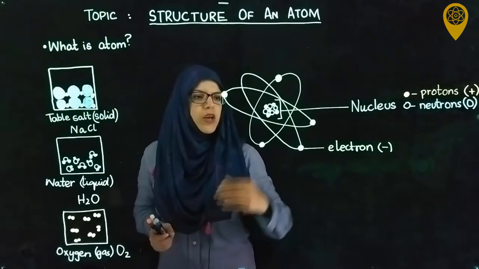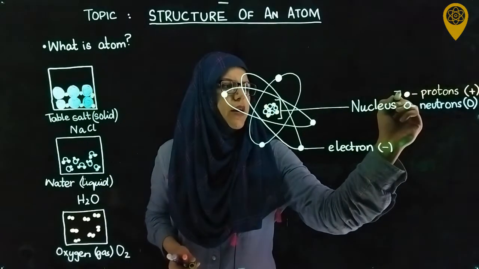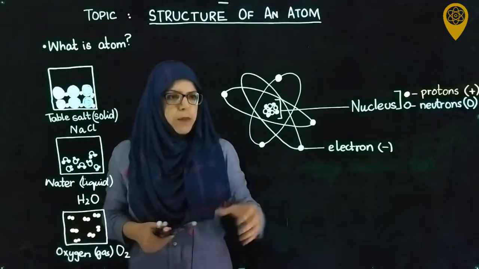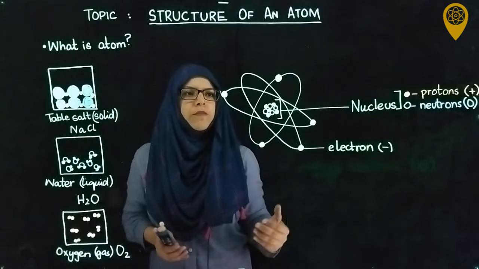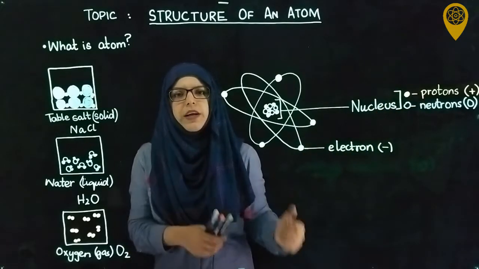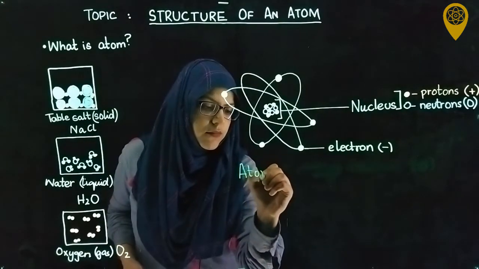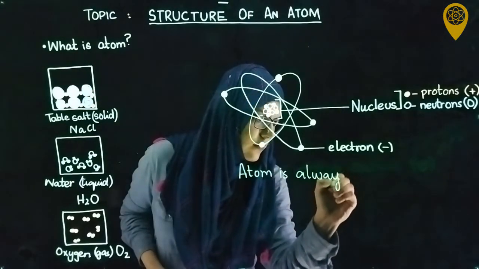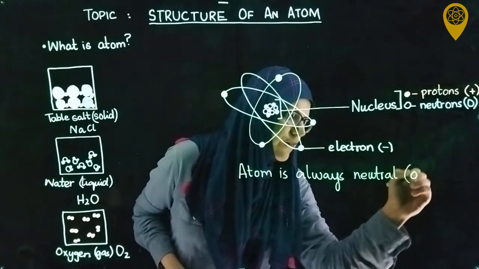So यहाँ पे अगर हम बात करें तो protons और electrons they are positive and negative charged particles, means that they are the charged particles. अब किसी भी atom के structure को अगर हम देखेंगे तो we can easily figure out कि यहाँ पे जितने positive charges हैं उतने ही हमारे पास negatively charged particles मौजूद होने चाहिए, which means that an atom is always neutral, which means it has zero charge.